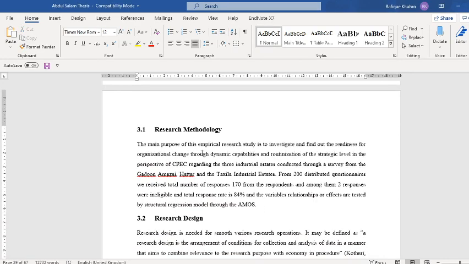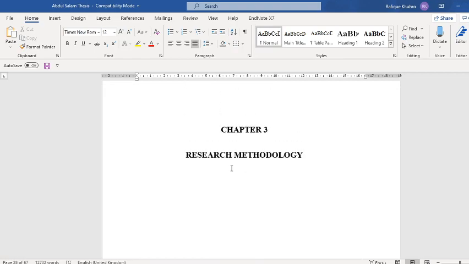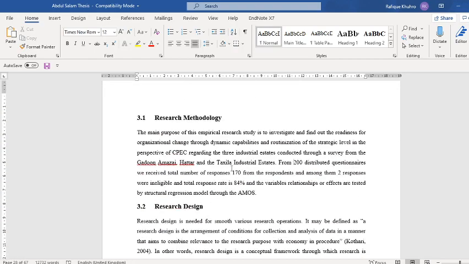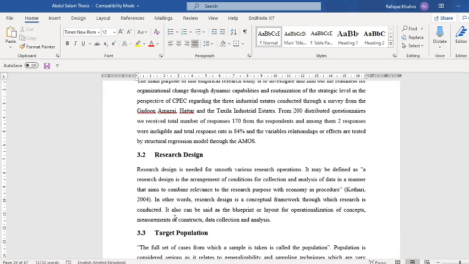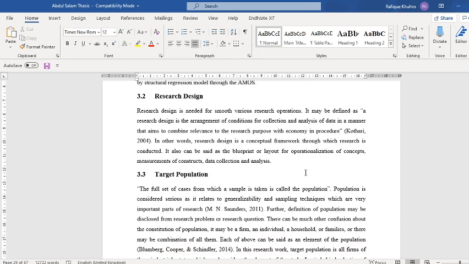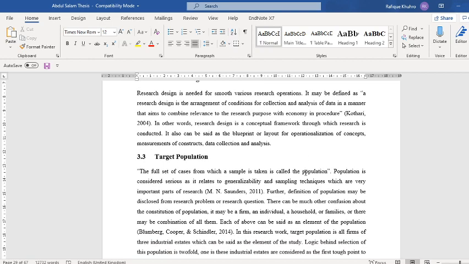Usually you name the chapter research methodology or research design, and you write one or two paragraphs related to your journal about the research design. Then, as I have discussed with you, some topics or classifications or components of research design which are to be discussed, I have already discussed in PPTs. I am just showing you how that is given in a thesis.